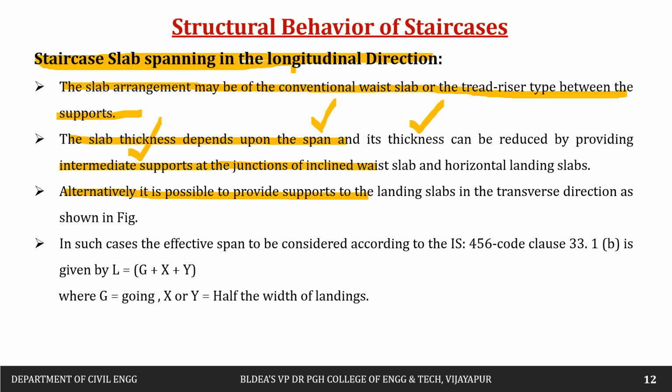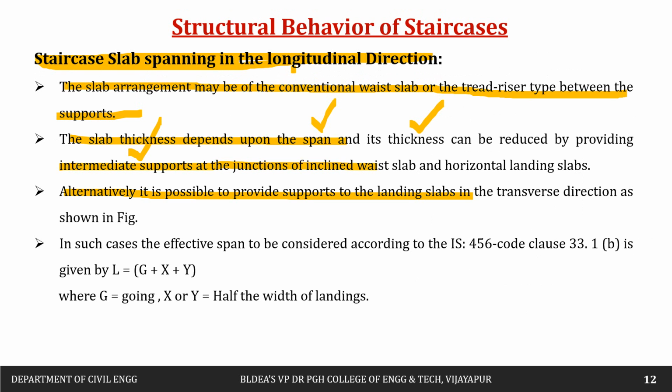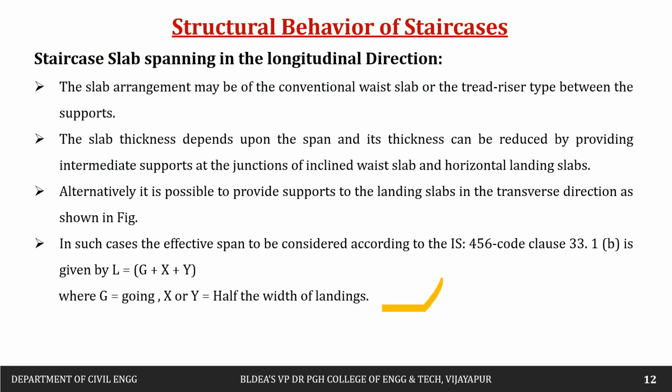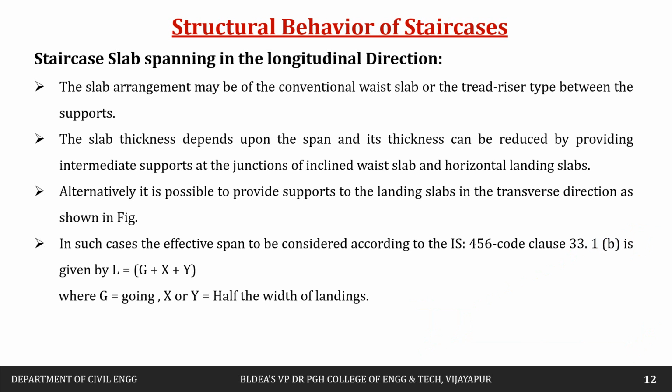Alternatively, it is possible to provide supports to the landing slab in the transverse direction, right? So here, for example, if this is the case, we can provide certain support so that the span of the staircase reduces, and then we can provide a lesser thickness.